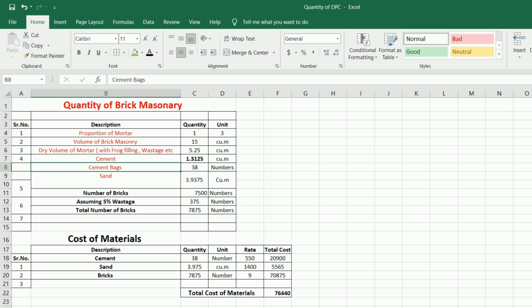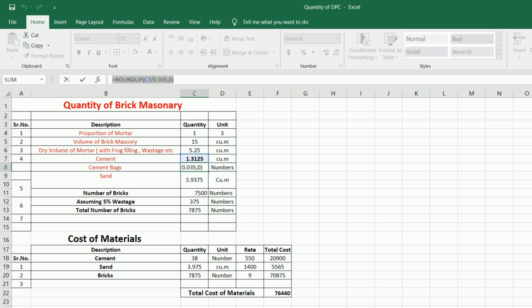Now let me convert it to cement bags. How many cement bags are required for this brick wall? We require 38 cement bags. The formula is equal round up. We will not calculate after the point, not 38.6 or 38.4, because cement bags are in exact numbers.